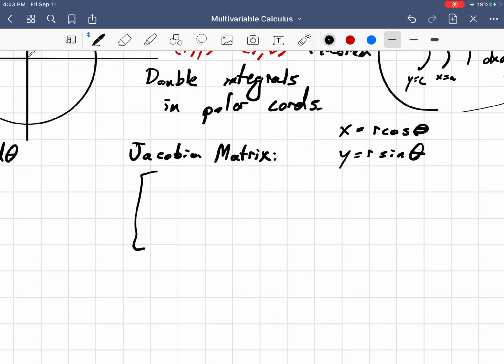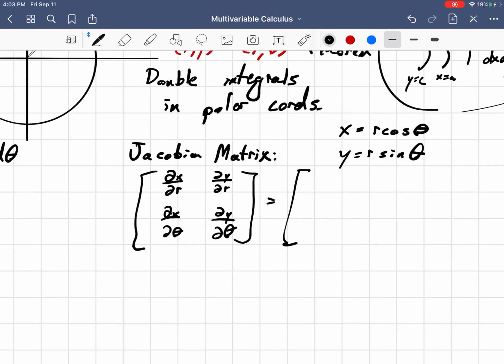The Jacobian matrix is basically a matrix of all possible partial derivatives between x, y, r, and theta. So we would have partial x with respect to r, partial y with respect to r, partial x with respect to theta, and partial y with respect to theta.